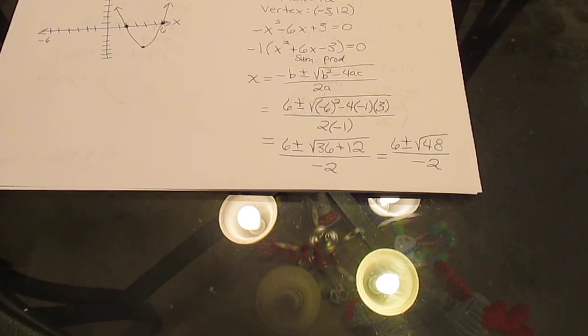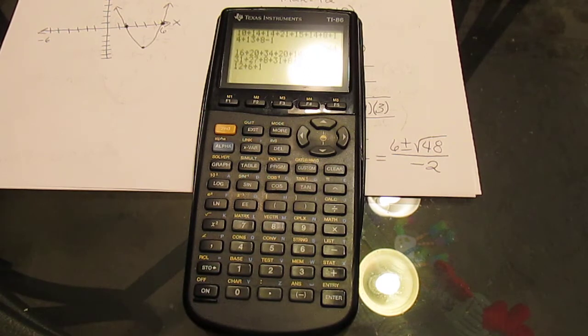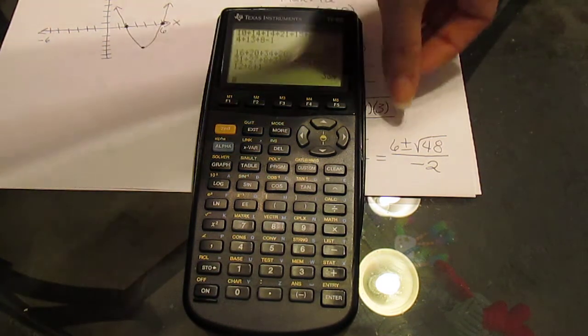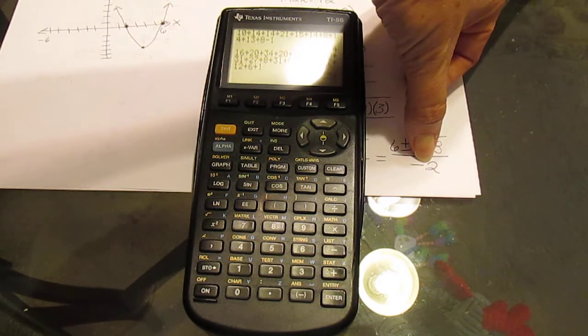Okay, and at this point, you could simplify your radical like I showed you in the last section, but we need to graph it. So it's going to be better for us to just have the decimal. So I like to get out my calculator and just plug it in. Remember that you need to do the top first and then divide by the bottom.